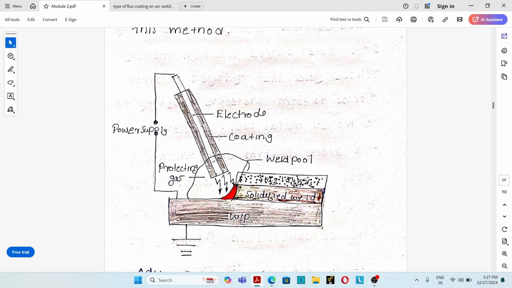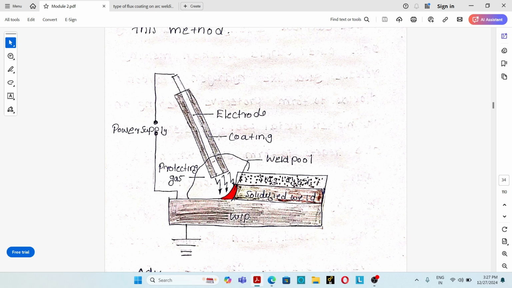During the welding process, when the electric arc is struck between the consumable flux coated electrode and the base metal to be jointed, the tip of the electrode gets melted and material is transferred to the weld pool through the electric arc. The electrode itself acts as a filler material.